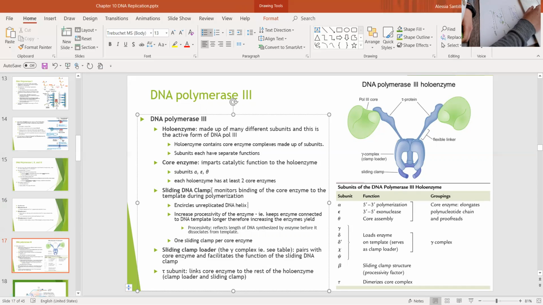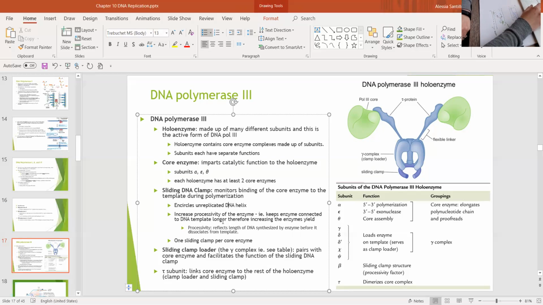The sliding DNA clamp is this thing right here, okay? And it looks kind of like a donut shape because this is going to actually go around the DNA template. This ensures that the DNA polymerase 3 enzyme stays near the template. It actually increases something that we call processivity.